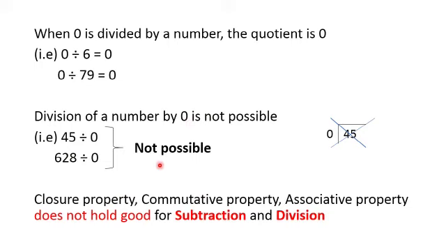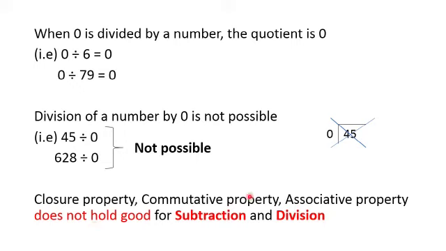Remember, we have learned about the closure property, commutative property, associative property, right? But these three properties do not hold good for subtraction and division. It means they are not satisfied.